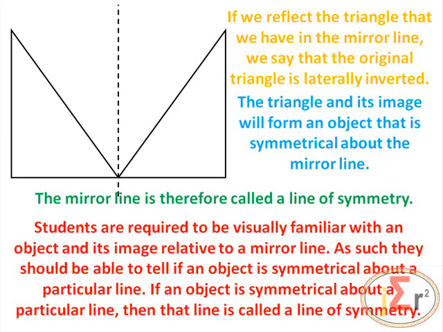A line of symmetry is like a mirror line in which half of the object is reflected in order that the other half may be formed. Put those together and we will get the entire object.